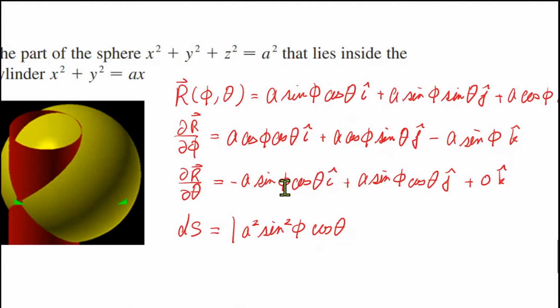And this is a negative one, so this thing becomes positive. So a squared sine squared phi and then cosine theta. So far so good. And k vector, so we have that thingy minus this thingy, so it looks like we have a sine phi cosine squared plus a sine phi a squared sine phi cosine phi.